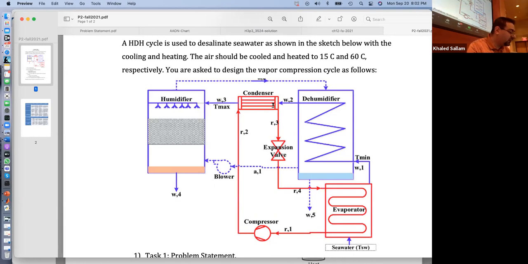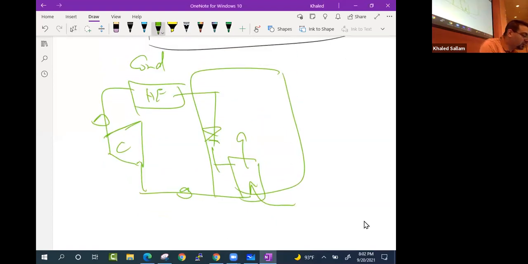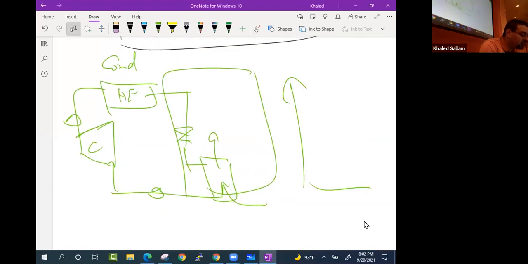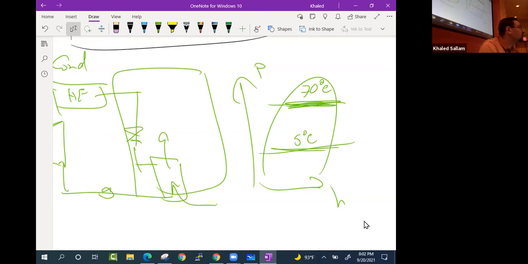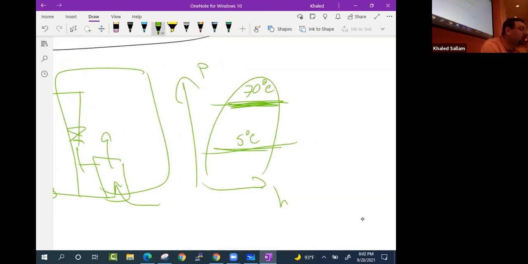So effectively, you are telling yourself, I need my refrigerant pH diagram, I need this to correspond to 70 degrees and this to, say, 5 degrees. Depending on what refrigerant you pick, that will correspond to different pressure.